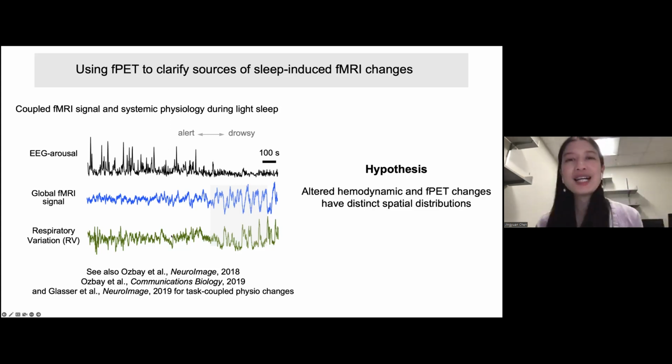So the basic idea is that we may collect simultaneous fMRI and PET changes during wake and sleep. The hypothesis is that if it's neuronal mechanisms in some regions, you can see it in PET dynamics as well. If it's more in non-neuronal physiological mechanisms, then we may not see much in the PET dynamics.